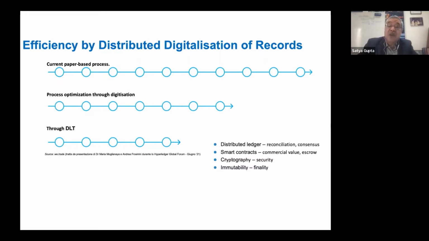Cryptography is done by your node, by the computer. You don't have to do anything actually. It is done by the software and you achieve security without putting in any efforts of your own. And then immutability, because it is append only, it cannot be modified. So it gives you finality also.